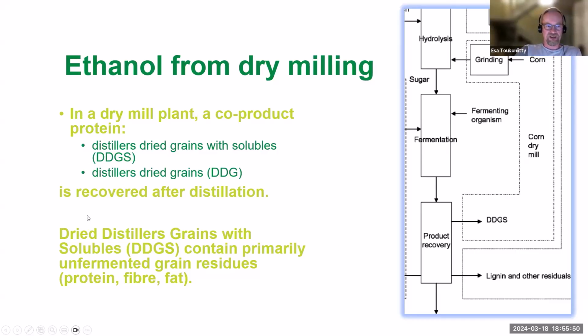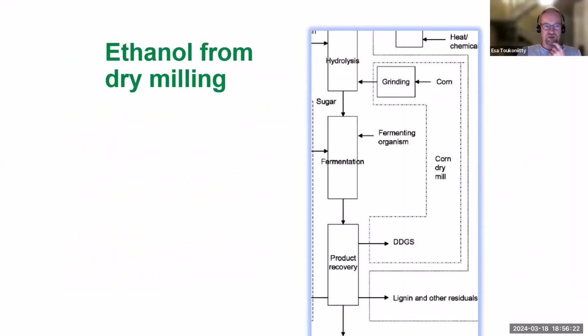This is material that can be recovered, and it's quite nutritious material because we started with corn-based or grain-based material. Corn and grain contain fats and lipids and also proteins and some nutrient fibers which are not converted or destroyed in that process. So this can be used. It's useful, but for us it's more or less like a side product.